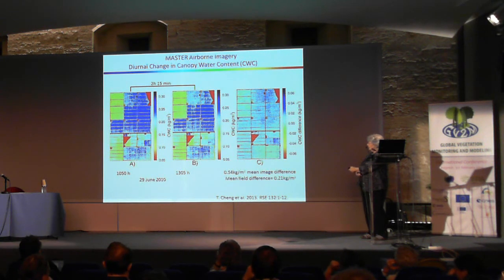So I'll start with the orchard example, looking at detecting canopy water content, and this is a paper by Chang et al. last year in Remote Sensing of Environment. We had two flights over the site in the morning.